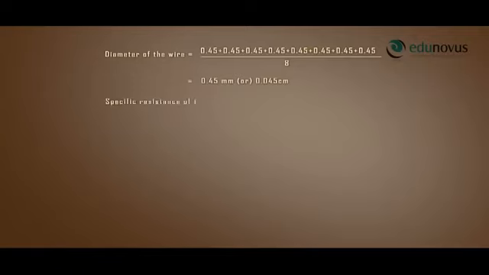Specific resistance of the wire can be calculated using the formula rho is equal to X pi d square divided by 4L. X is equal to 5.725 ohms, L is equal to 100 centimeters, d is equal to 0.045 centimeters.